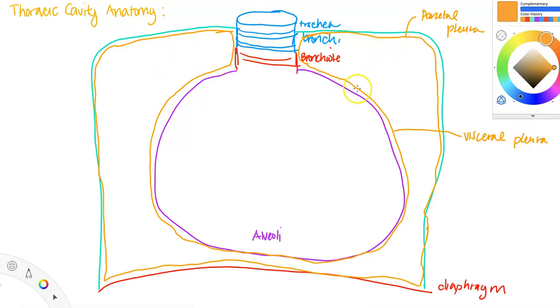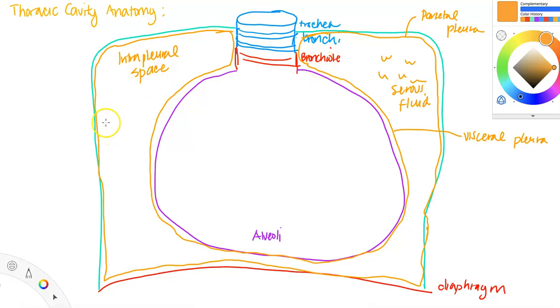And of course, there is a space here, and this is the intrapleural space. Okay, so this space has fluid in it, right? It's serous fluid in here. So serous fluid is here.